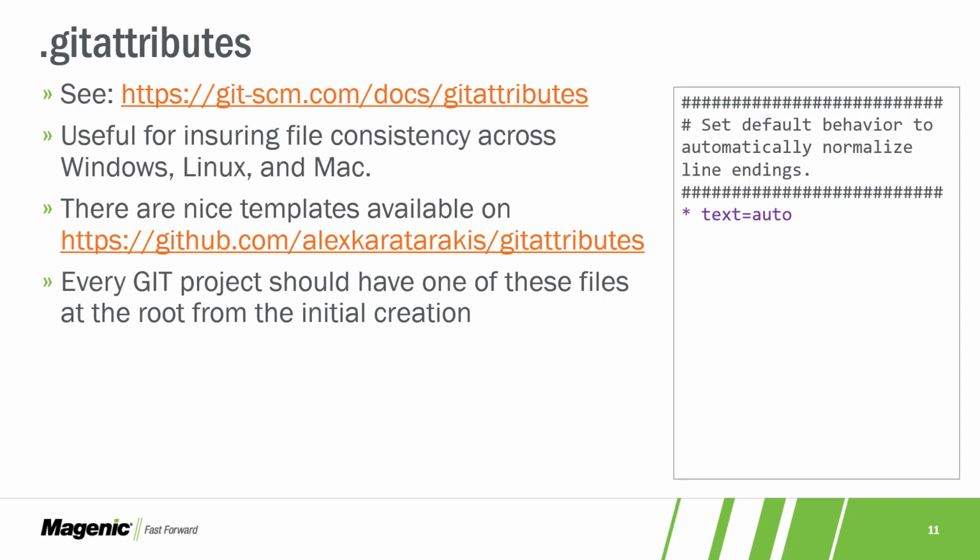Linux tends to use a simple line feed, Windows likes carriage return line feed, et cetera. And so what gitattributes does is force Git to assume certain behavior for line endings, so that as we pull and then try to compile code on different operating systems, we're going to get consistently the same behavior. And like gitignore, you should always specify a gitattributes.